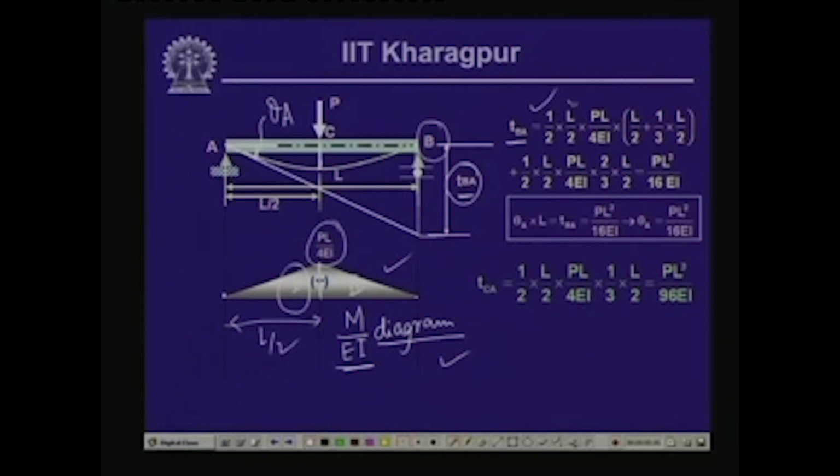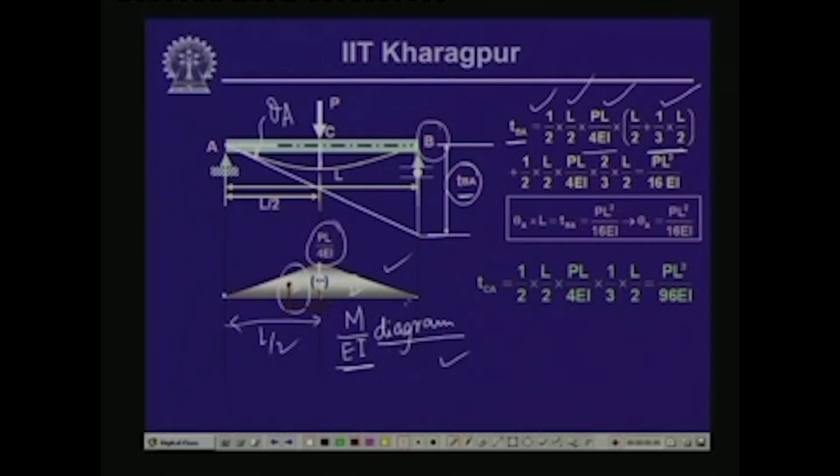So, half, L by 2, into the ordinate PL by 4 EI, and the CG of this particular part of the triangle, which is 1/3 of L by 2, and this is what has been taken over here, 1/3 of L by 2 plus this distance L by 2. So, that is the moment of this particular part of the triangle.